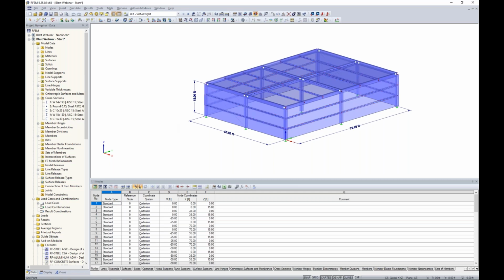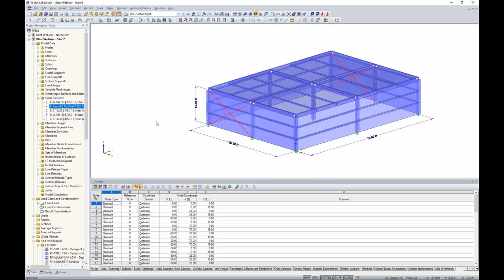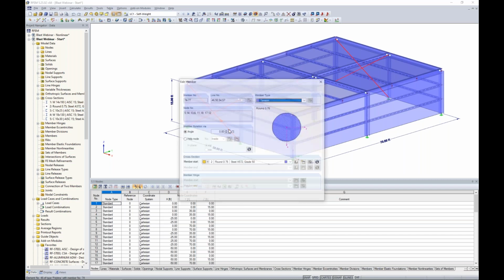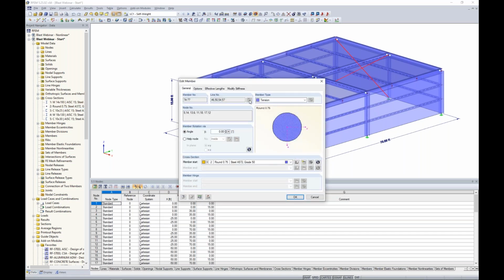It's also important to know, if I highlight these elements here, we have a couple of X braces. Remember in the problem statement, we have brace frames in the short direction and moment frames in the long direction. Well, I added this lateral bracing here, and if I double click on it, you'll see that these are tension-only members.